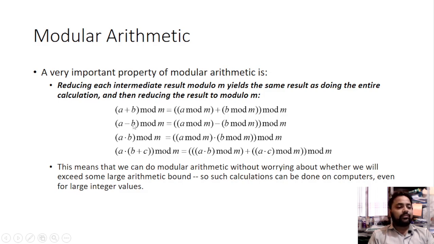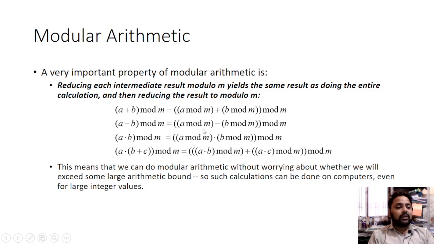Same here, (A minus B) mod m equals (A mod m minus B mod m) mod m. The same here, (A times B) mod m equals (A mod m times B mod m) mod m, where the product of both terms is taken mod m.